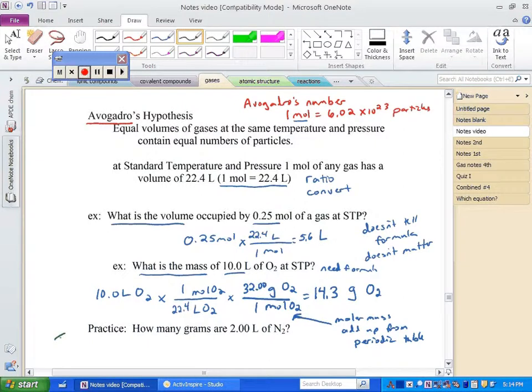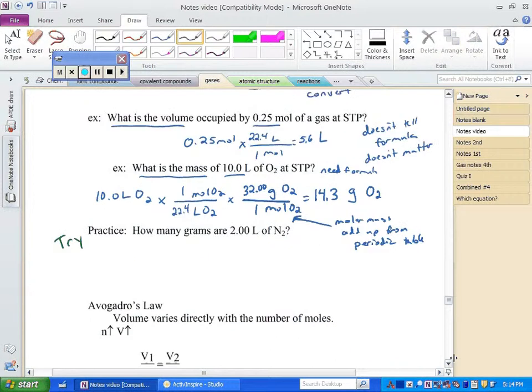Okay, so try the practice problem. How many grams? So grams is what we're looking for. Given 2 liters of N2. So of course it's grams of N2 we're looking for. So liters of N2 is coming to the bottom. Moles of N2 at the top. 1 goes with moles, 22.4 goes with liters.